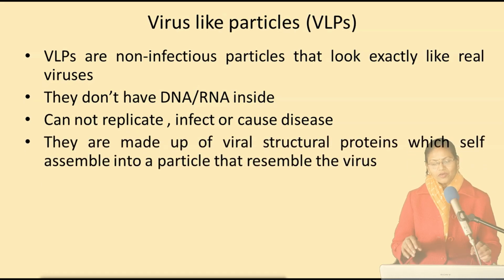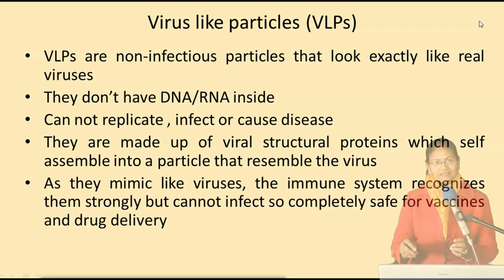So they are made up of viral structural proteins which self-assemble. If all structural virus proteins are present, then they can self-assemble and form a particle-like structure which looks exactly like a virus. So that's why we call it virus-like particle, but it is not a virus.